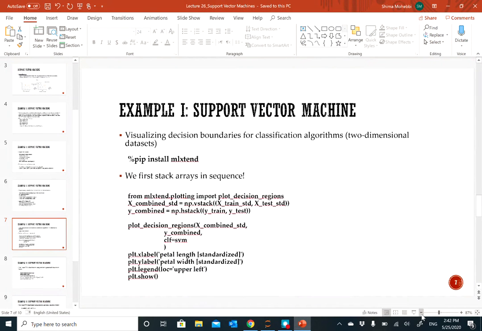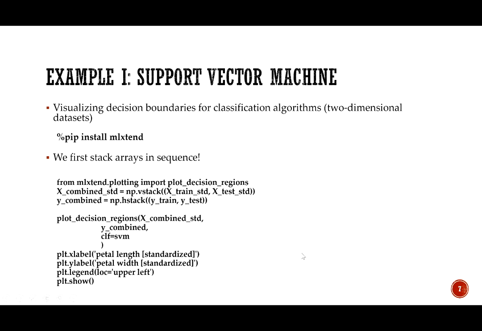Before I run the code, I would like to talk about stacking arrays. We discussed this briefly when we were working with the NumPy package. So we can stack arrays in sequence. But here you can see vstack and hstack. hstack stacks arrays column-wise, and vstack stacks arrays row-wise.